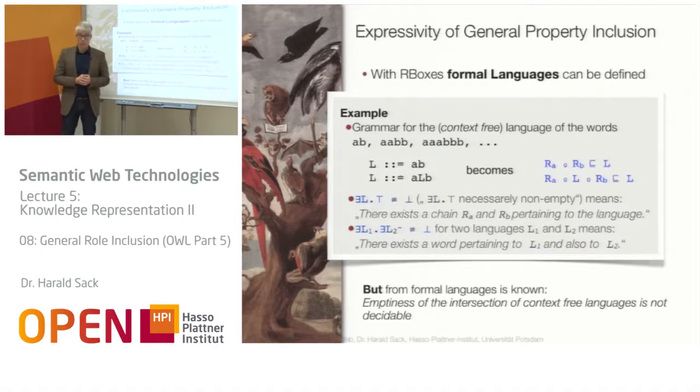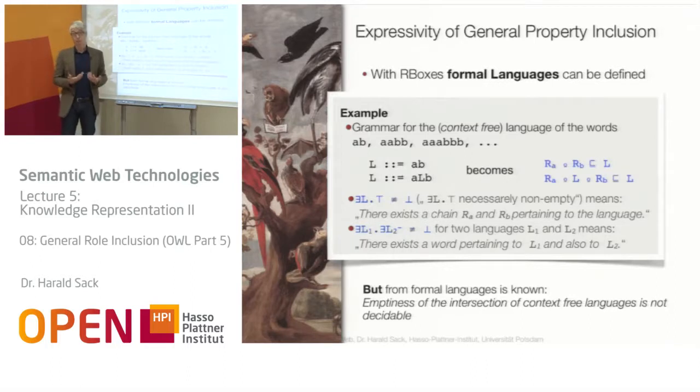Yeah, so we have a problem with these expressions that we can form in description logics if we enable general role inclusion without any restriction. So what should we do? Okay. If you know theoretical computer science and formal languages, then you might remember that there are simpler languages than the context-free languages.